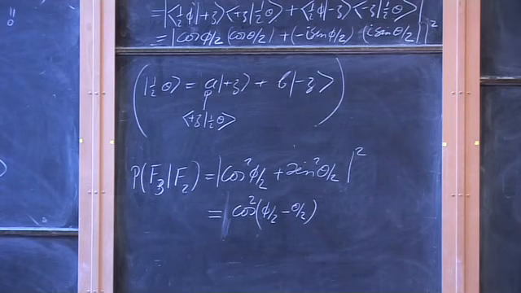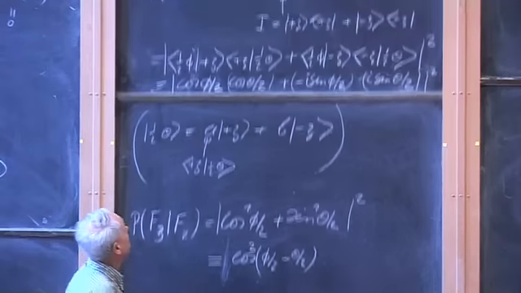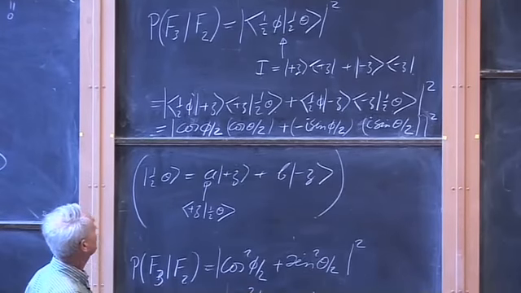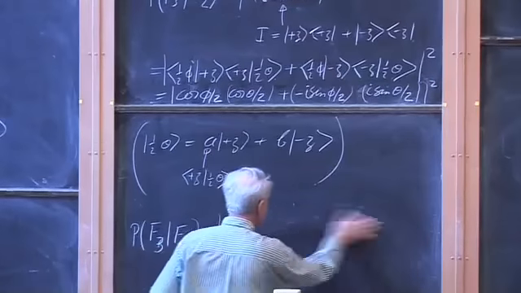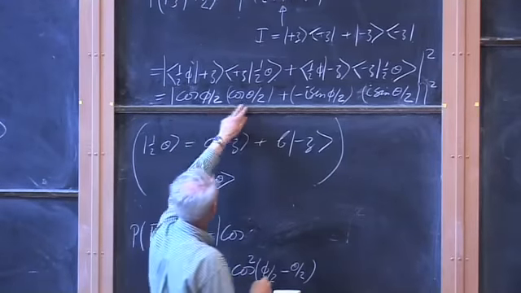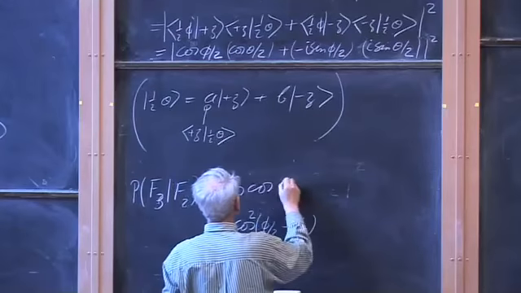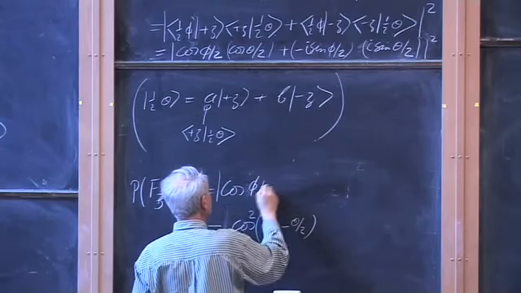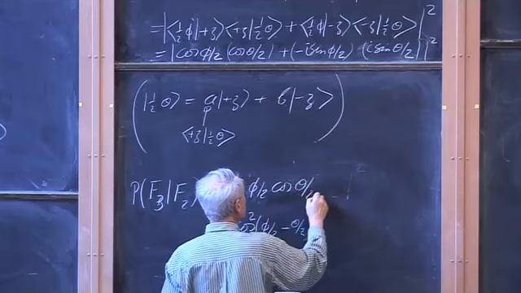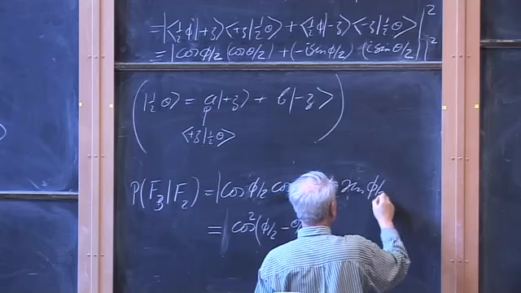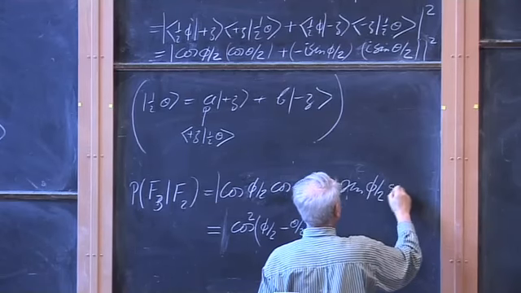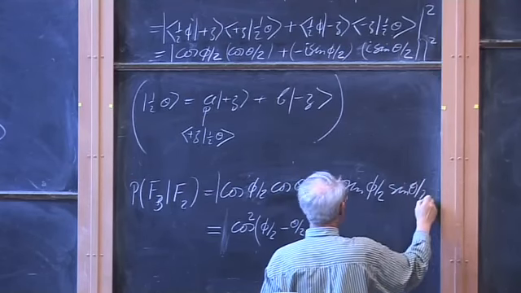Professor, yep. How exactly did cos phi over 2 cos theta over 2 become cos squared phi over 2? Oh, gosh, yeah, sorry. You're completely right. Right. So let's go back to this line here. This was cos phi over 2, cos theta over 2, plus sine phi over 2, sine theta over 2.